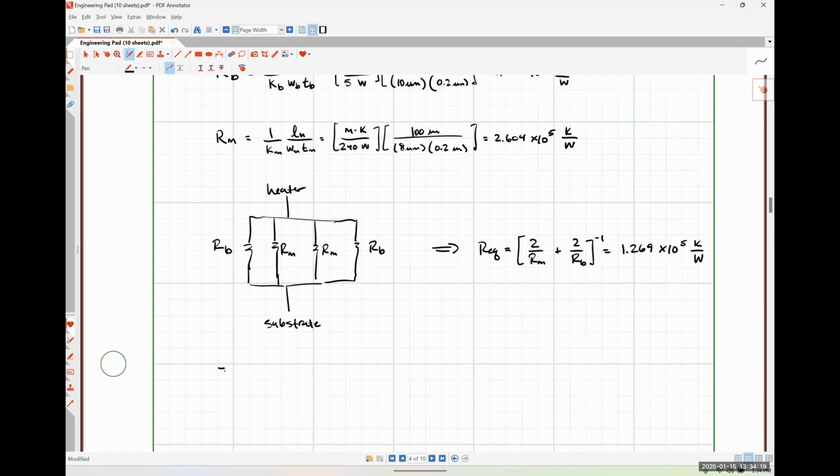The temperature of my heater could then be found to be whatever the temperature of my substrate is, plus my equivalent thermal resistance times the power that's being absorbed by my heater.